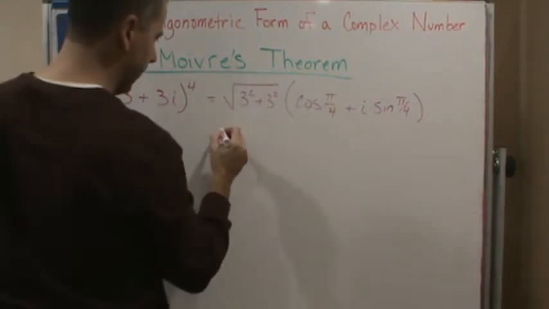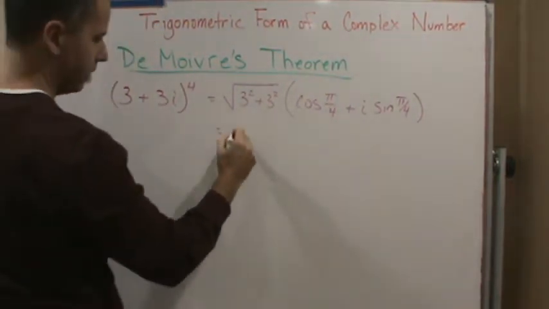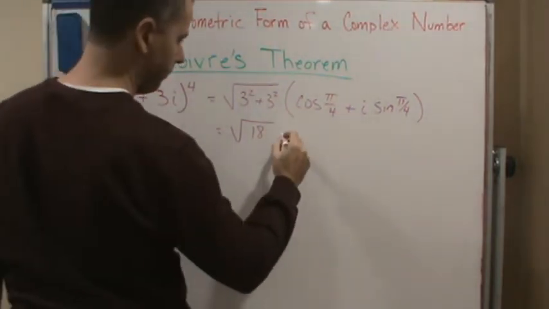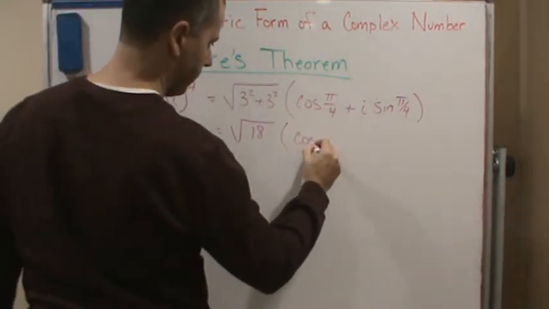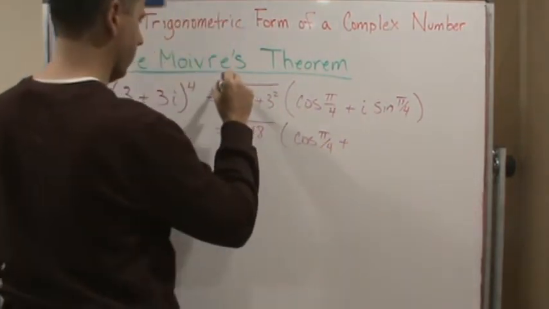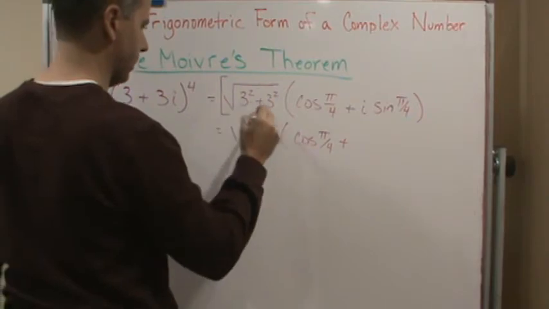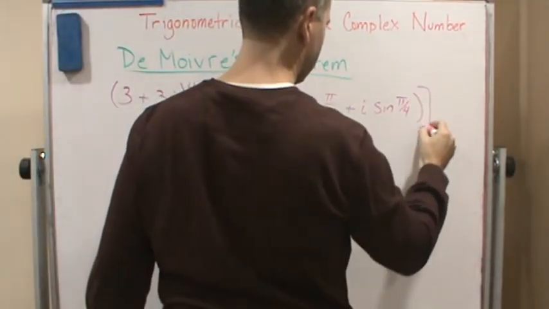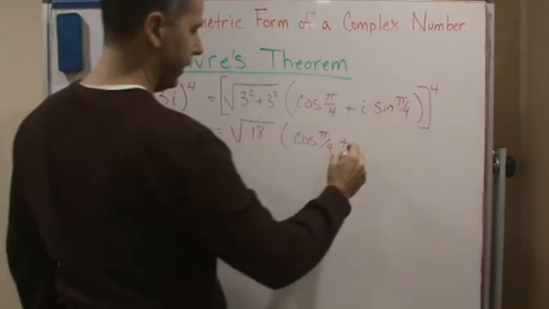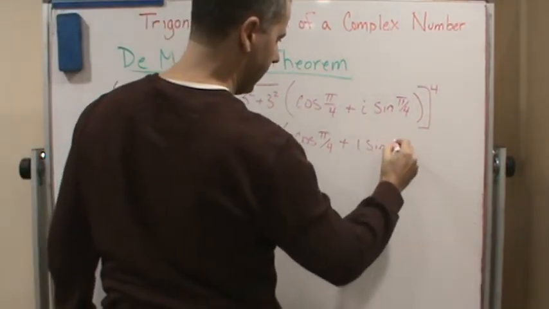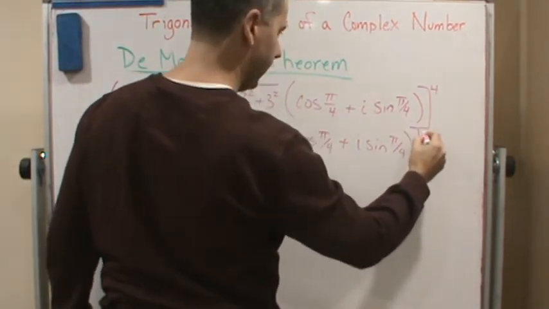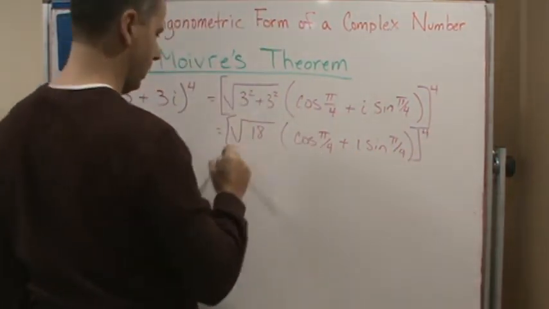Okay, so if we simplify this, we get the square root of 18, cosine pi over 4 plus i sine pi over 4, and of course this is all raised to the fourth power.